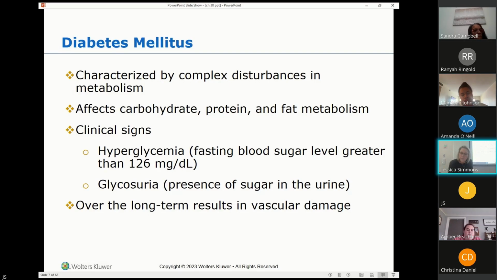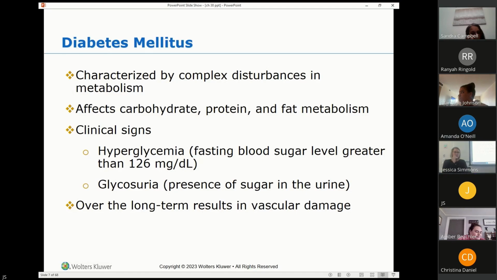On page 647, you have a focus. There's a Box 38.2, Focus on Diagnosis of Diabetes Mellitus. So, fasting, which is no caloric intake for at least 8 hours, a plasma glucose equal to or greater than 126. You have a 2-hour plasma glucose that is equal to or greater than 200 during an oral glucose tolerance test.